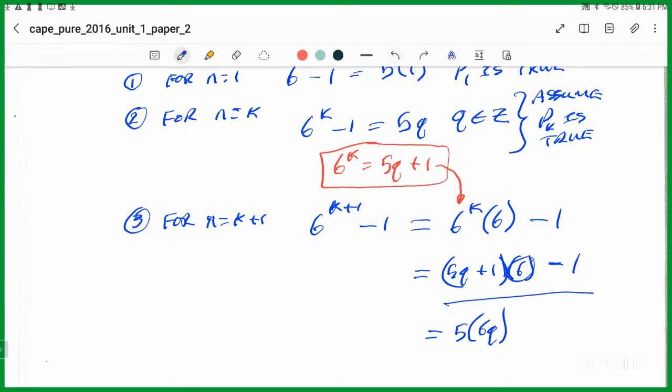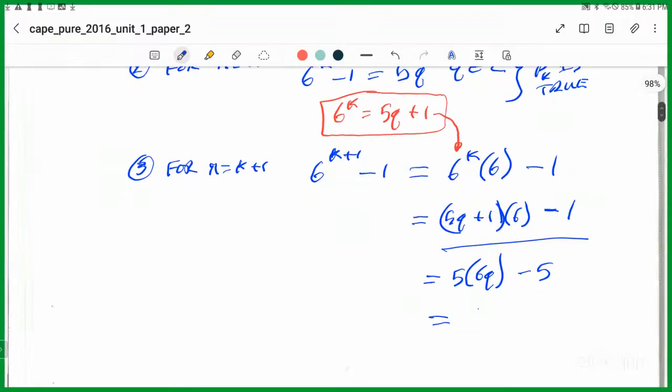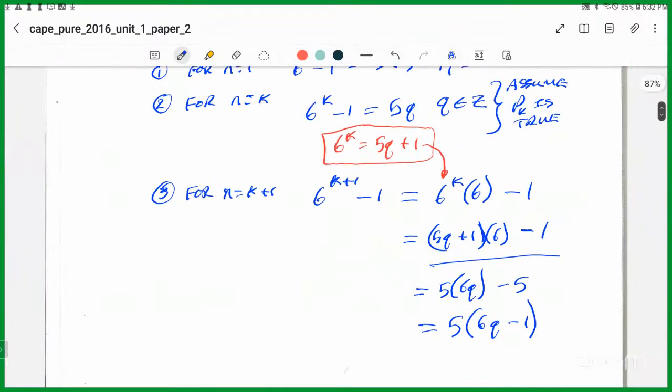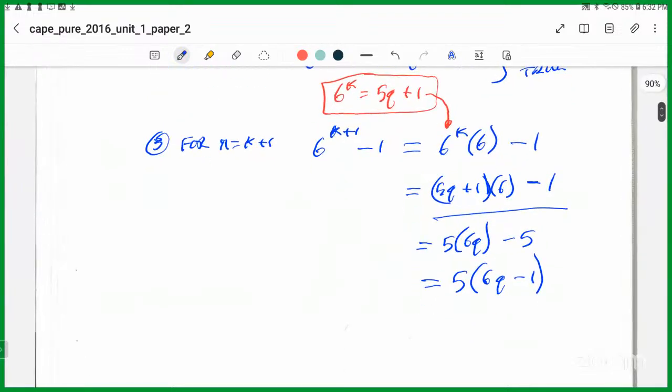Then 6 times 1 is 6, 6 minus this 1 is 5 minus 5. So these two terms factorize into 5 times (6q minus 1). And therefore it's going to be a multiple of 5, and this q is an integer, so this expression is an integer.